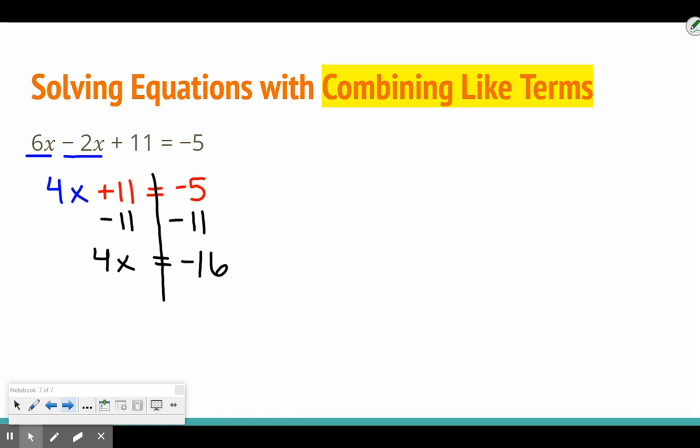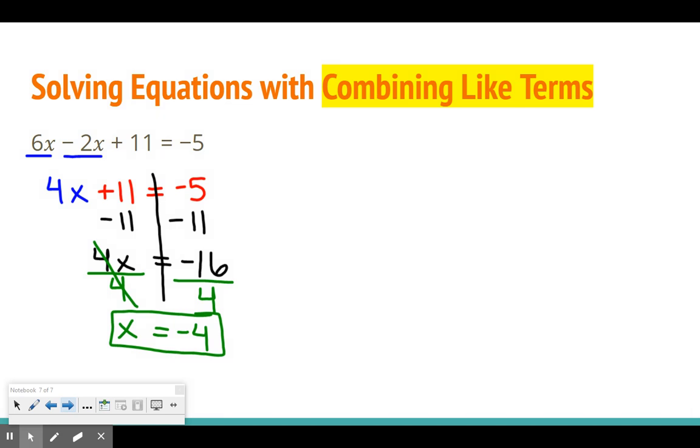Last step, divide by positive 4. So we get x ends up being negative 4, because negative 16 divided by a positive 4 is negative 4. Make sure you're pausing the video and taking down these notes so you have them for the test or quiz.